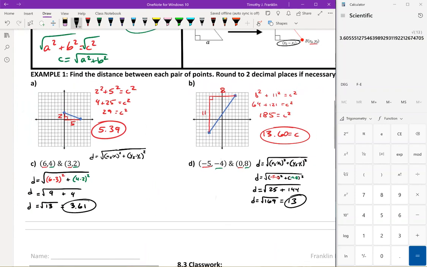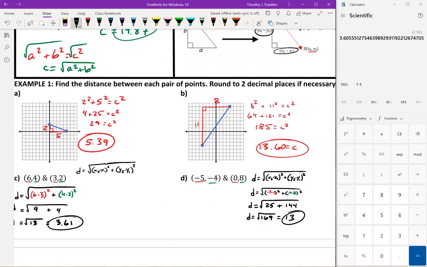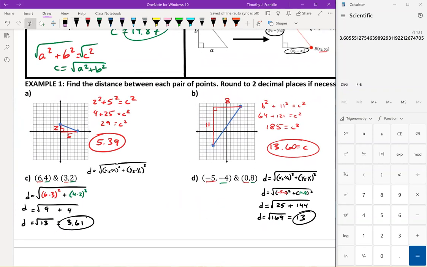Okay, so again, the distance formula looks daunting, looks a little intimidating. But if you think about it in terms of it's just the Pythagorean theorem kind of reduced to its mathematical concept between 2 points, hopefully not so scary, not so difficult or confusing.